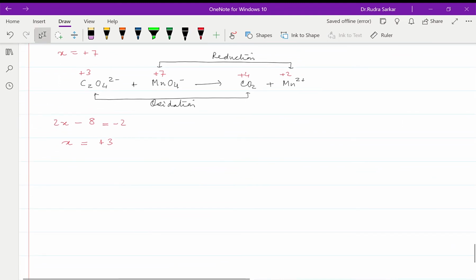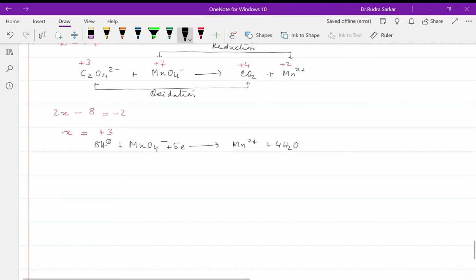Now what we do is isolate the reduction half cell and balance it. We already balanced it on the same page, so it is 5 electrons, we have 4 water, and 8 protons.